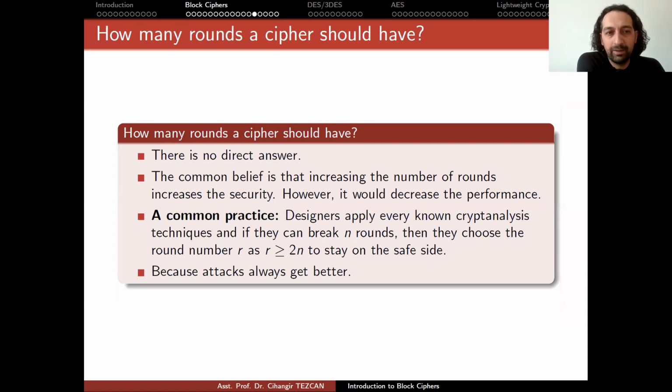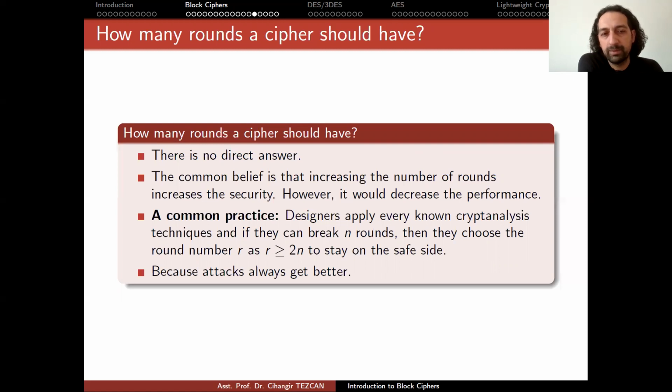You might ask how many rounds a cipher should have, because there is no direct answer to this. The common belief is that increasing the number of rounds increases the security. However, it will decrease the performance. So you have to find an optimum point that provides both security and performance. The common practice in design is as follows.